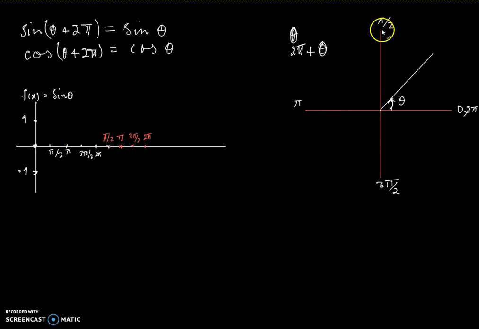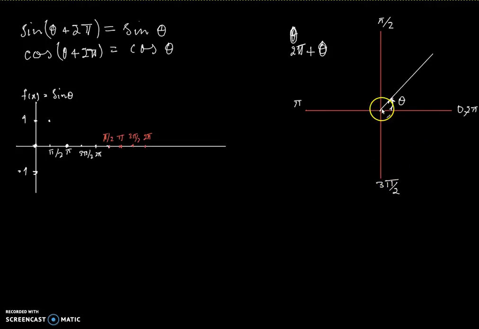At pi by 2 your sine is 1. So you get something like this. At pi your sine is, what is sine pi? It is 0.